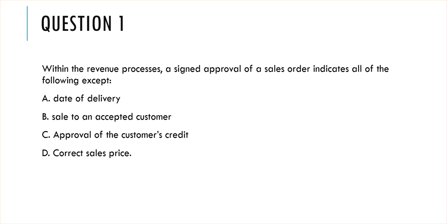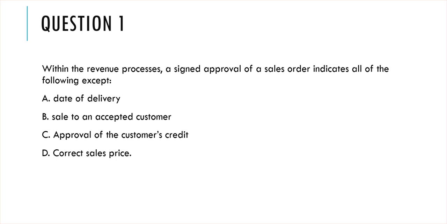A sales order is approved because the customer's credit is good, the sales price is right, and, particularly if we're talking about a credit sale, that it is to an accepted customer. So all of those are fine except date of delivery. The date of delivery is not going to show up until you get to the delivery document.